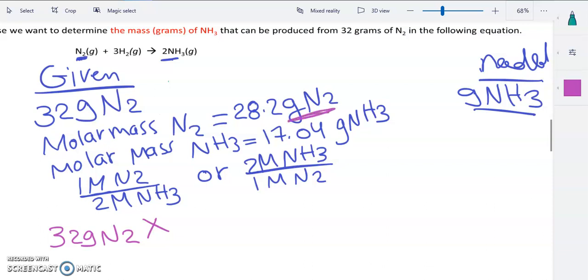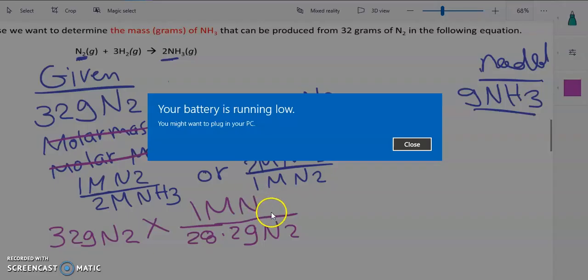Here we have grams N2, and here molar mass, which means 1 mole of nitrogen has 28.2 grams of nitrogen. So let's cancel these. Here we can use 28.2 grams nitrogen, and here we can stay on 1 mole.